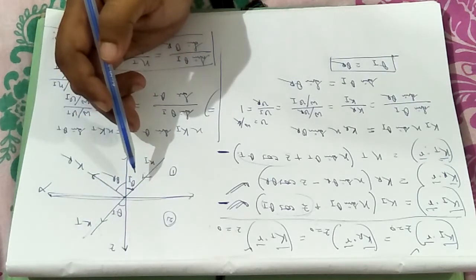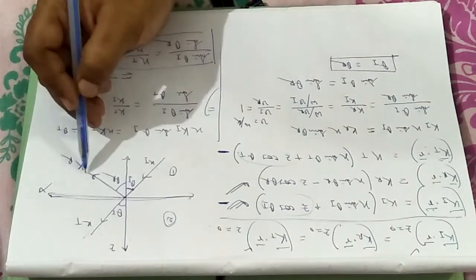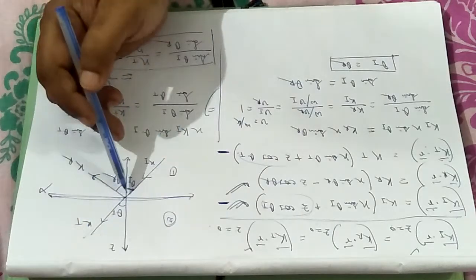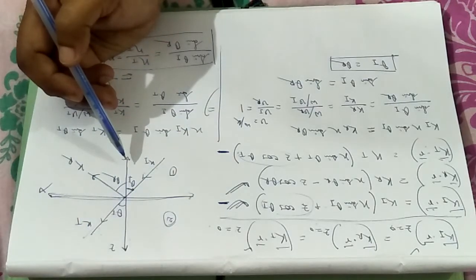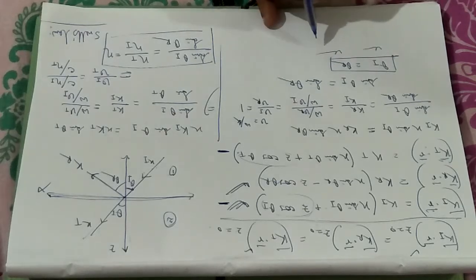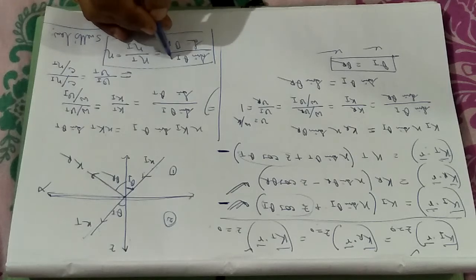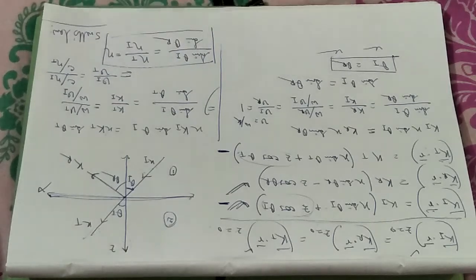Secondly, we have proved the law of coplanarity, that is, the incident ray, reflected ray and transmitted ray and the normal drawn on the surface lie in the same plane. Thirdly, we have proved that the angle of incidence equals the angle of reflection.